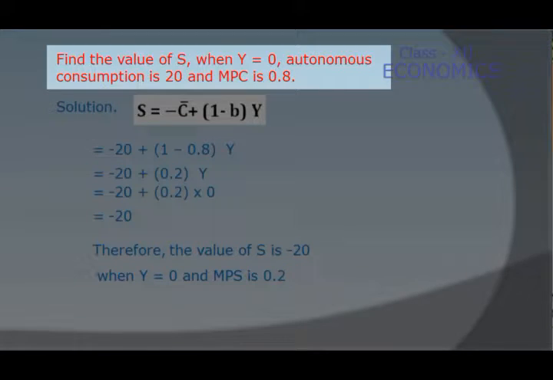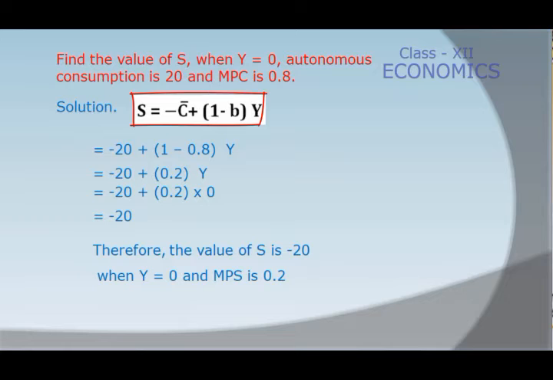Now getting into the formula, S is equal to minus C bar plus 1 minus B into Y. So in place of C bar we write 20, because 20 is the C bar value, and S is negative C bar.